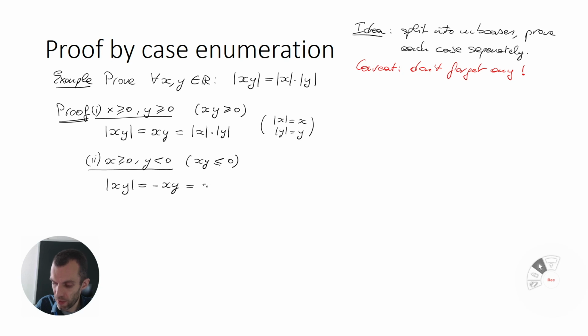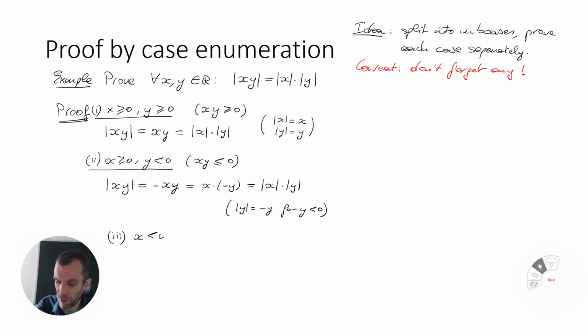And we can write it as x times minus y, and then that becomes absolute value of x times absolute value of y. So here we use the fact that absolute value of y is minus y for y negative. So that proves our theorem in that particular case as well.